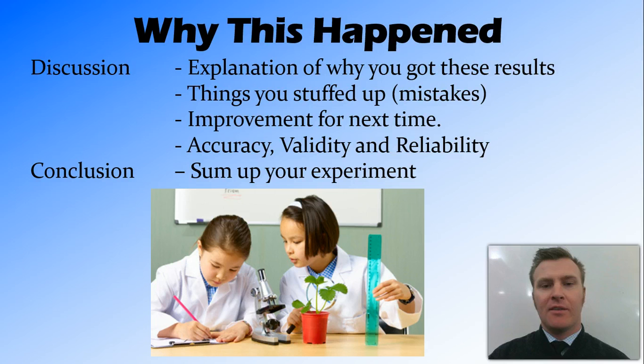Then it's the things that you stuffed up or the mistakes that you'll make. And these mistakes that you made will result in improvements that you can make if you were to do this experiment again. And then you need to talk about the accuracy, validity, and reliability of the experiment. And finally, we have the conclusion, which sums up the experiment and should refer to your aim and hypothesis.